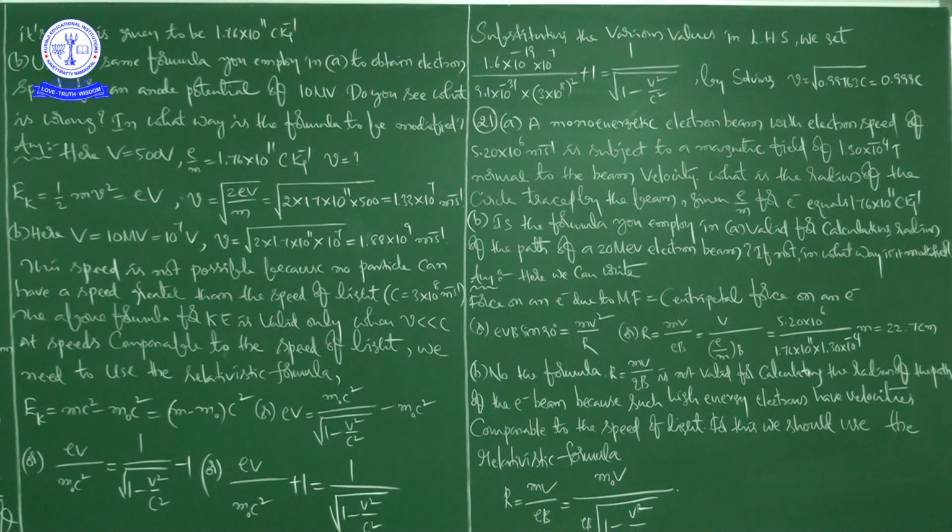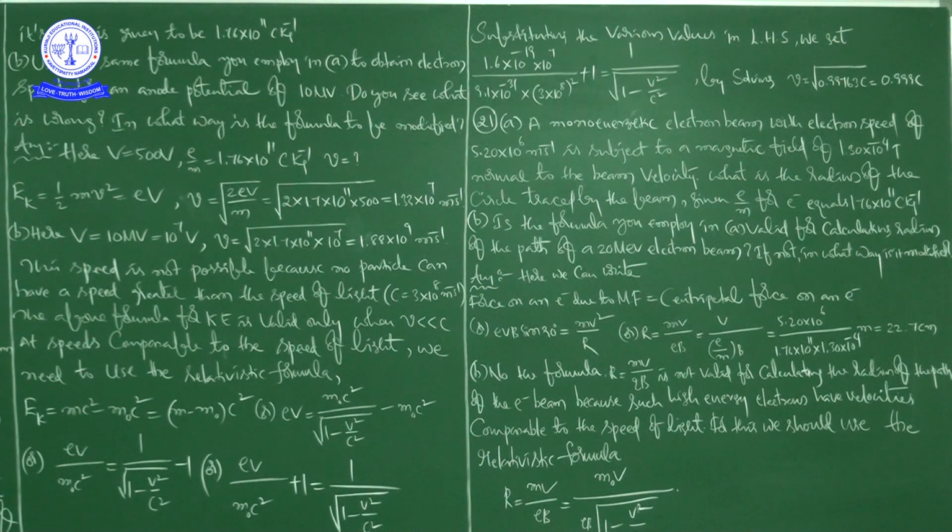Okay, right. Afterwards we are going to substitute the values, right. So this is the right hand side, and this is the left hand side. So we are going to substitute to get v in terms of c, right. So see here, if you complete that mathematical process, we are getting v as 0.999 c.